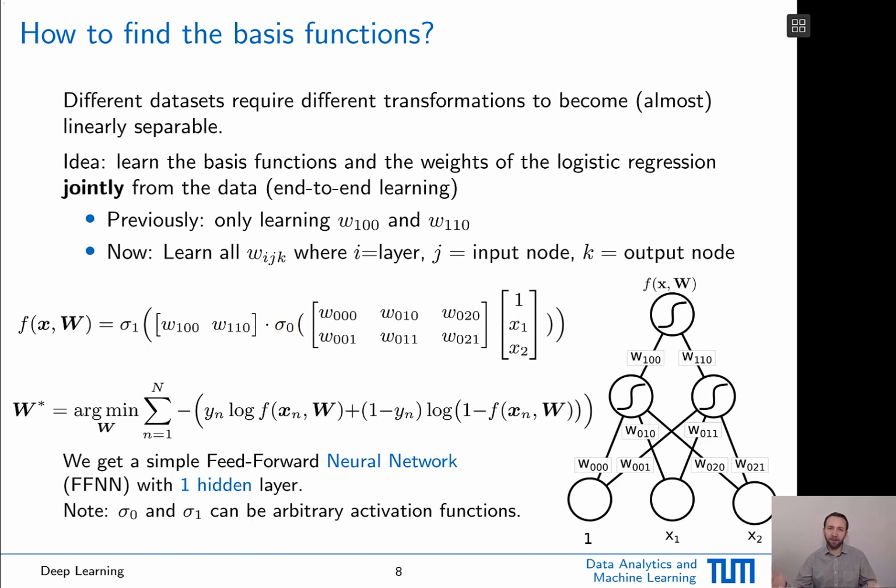You can use any other kind of function which you think makes sense. For the output, we will see this later, of course, you should adhere to some specific choices. If you, for example, have a binary classification setting, you might want to use a sigma here because it maps to between 0 and 1, and it indicates a probability that the instance belongs to class 1. But in principle, these functions can be arbitrary activation functions.